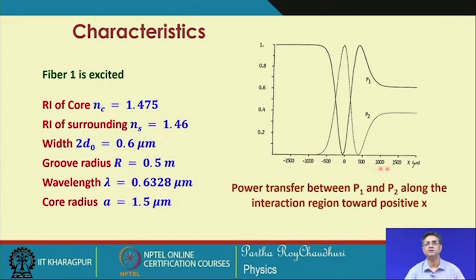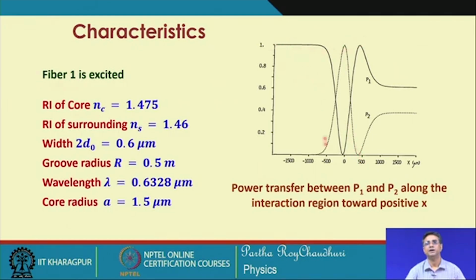Then this is the typical power transfer characteristic between P1 and P2. Initially you have maximum power P1, then it comes to 0. At that time the maximum power at P2 is this, which is the complete transfer of power point, and then again it falls to 0, and it takes over to P1.